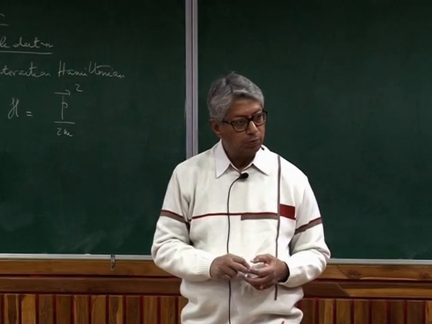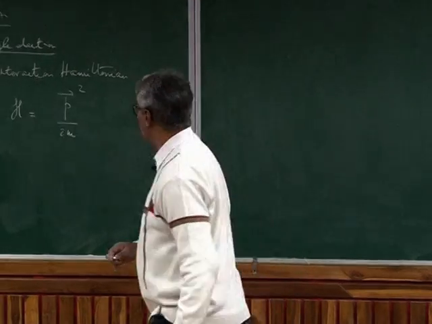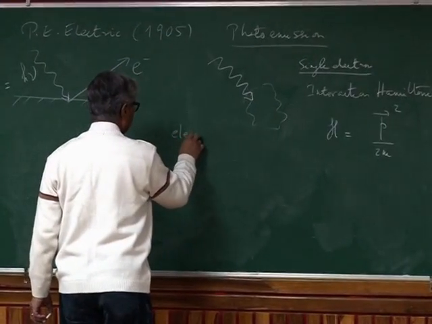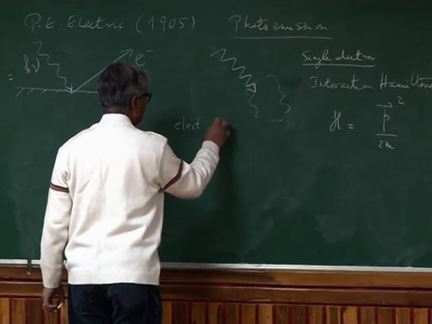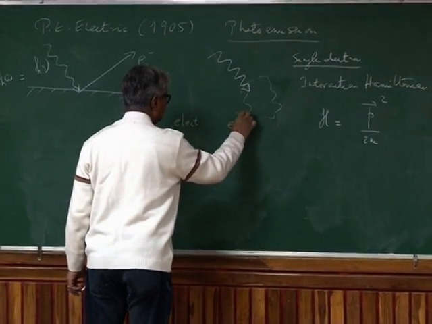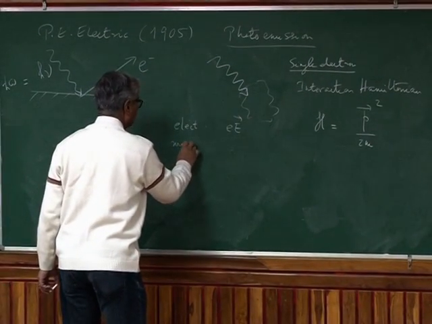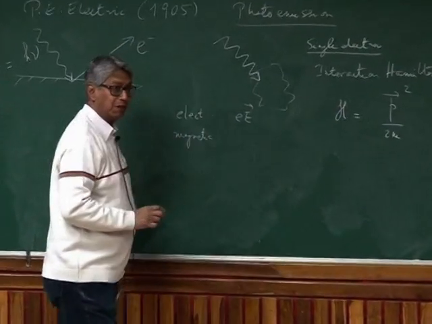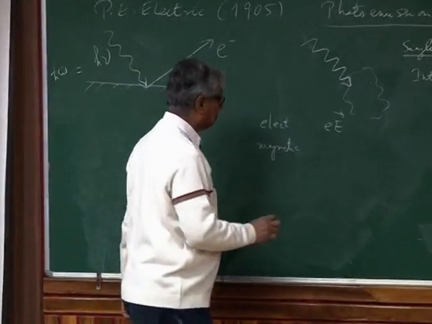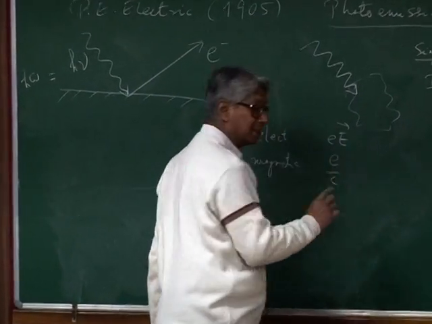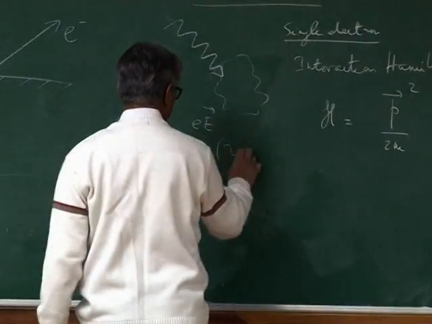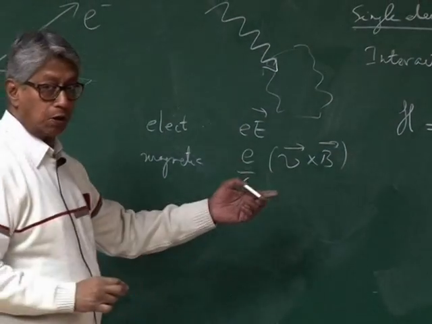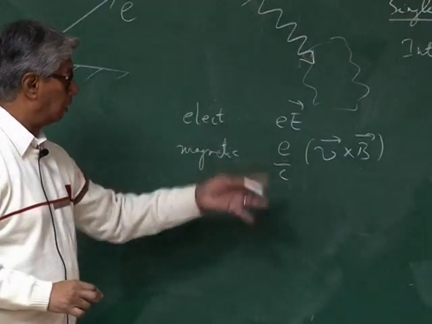You must have seen it in school. So the electrostatic interaction is charge times E, and the magnetic one is, somebody will tell me? So this is due to Mr. Lorentz, right? This is Coulomb, right?